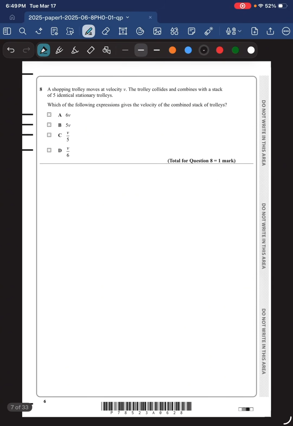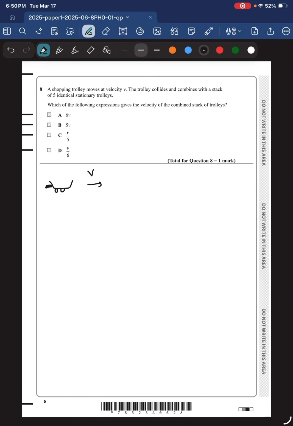Then 8. A shopping trolley moves at velocity v. The trolley collides and combines with a stack of 5 identical stationary trolleys. Which of the following expressions gives the velocity of the combined stack of trolleys? So you have a trolley, something like this. I'm sorry, I'm not the best at drawing.